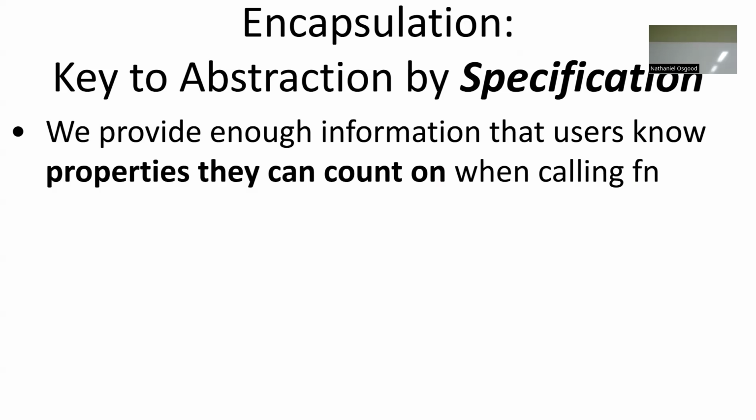We're going to hide the details of what particular implementation we use, as long as we guarantee certain properties. And those properties, ladies and gentlemen, are guaranteed in a contract of sorts.